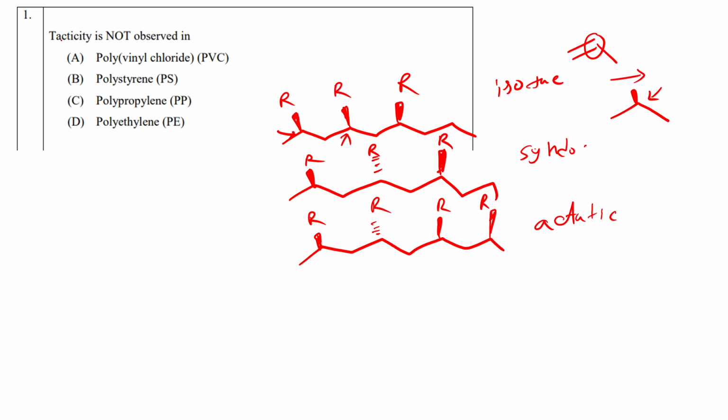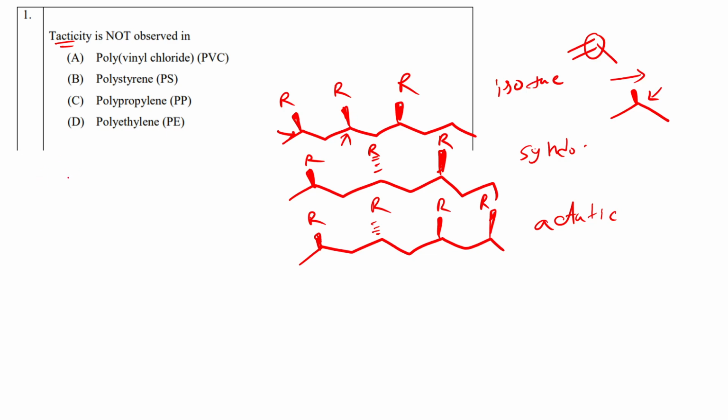Now the question asks for which case you would not observe any tacticity. So we should look for monomers where you do not have any prochiral center. Let's look at the monomers of these polymers, then only we can decide.